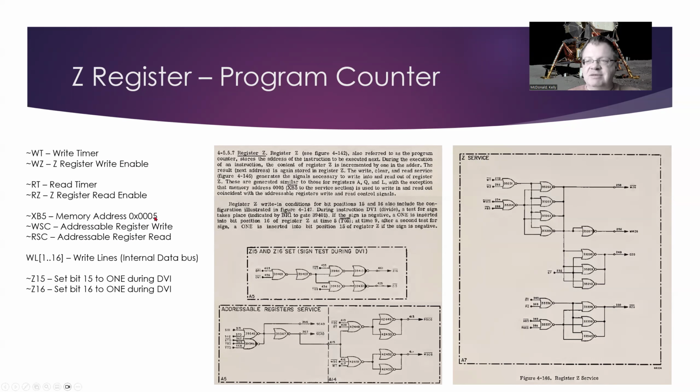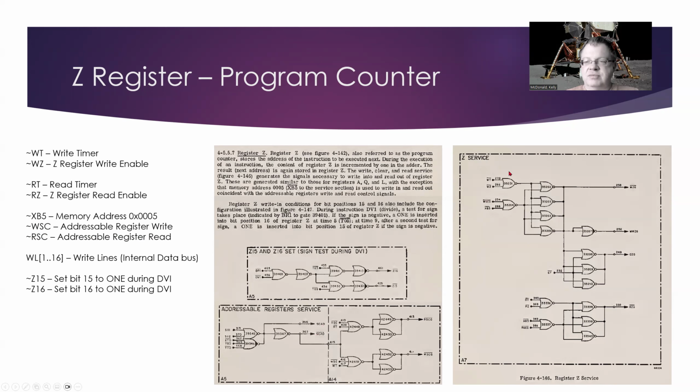Because it's less than 8, octal 5 is the same as decimal 5. It will only write into this if the addressable register write signal is asserted. So this is the WSC control pulse. And similarly, it can be read out as a memory address if the RSC, or addressable register read control pulse, is asserted. So that's how data gets in.